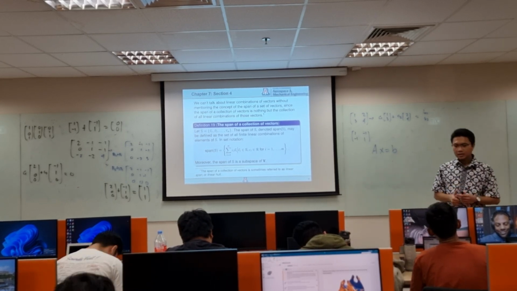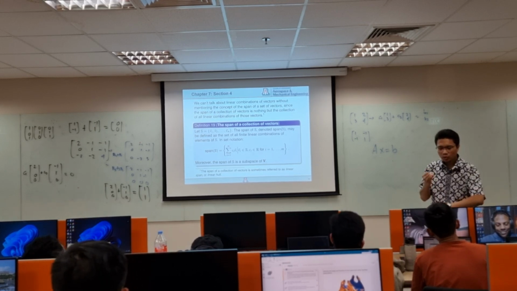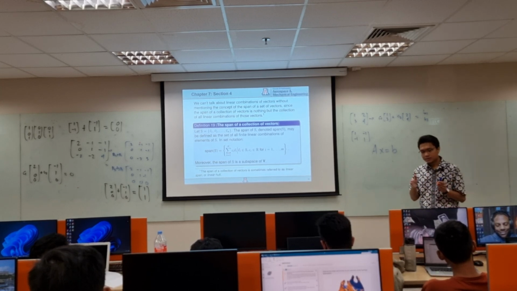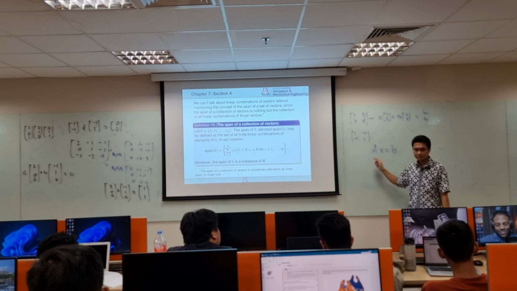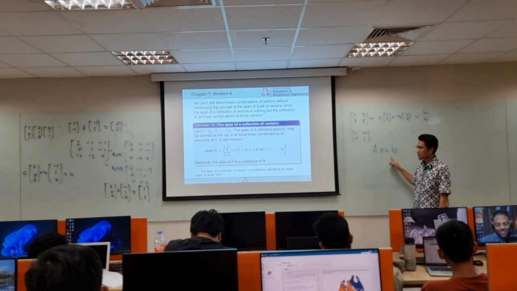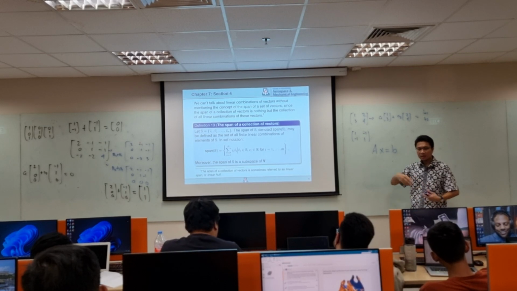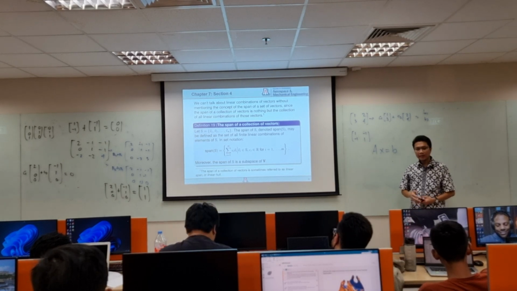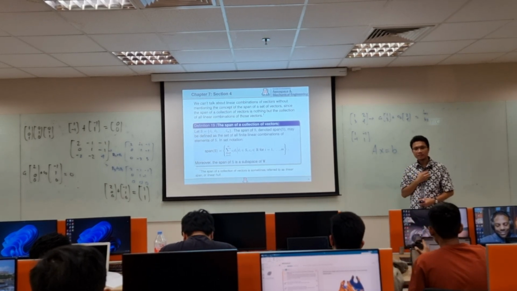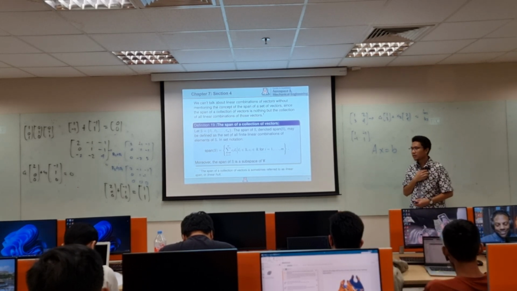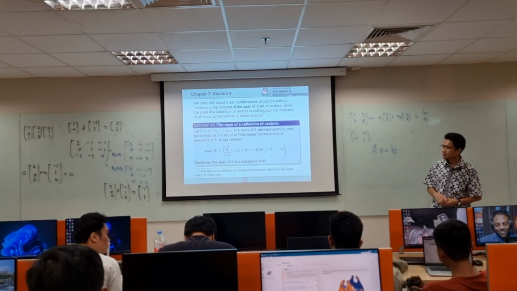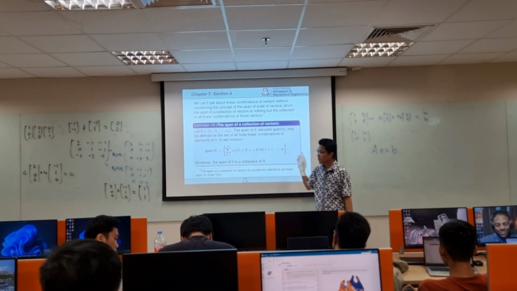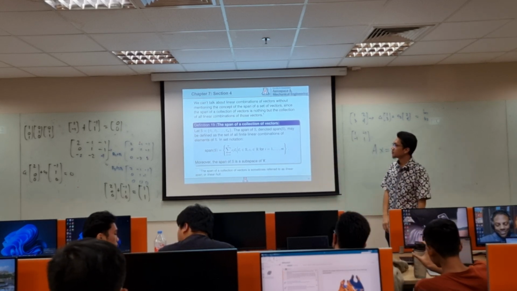Rank is an integer, a number: is it 1 or 2 or 3? Rank is the number of linearly independent columns or rows in a matrix. And span, you say it like this: the columns of A span R2, span R3, span R4, or span a subspace in R3. So we are not saying a number when we say a span.